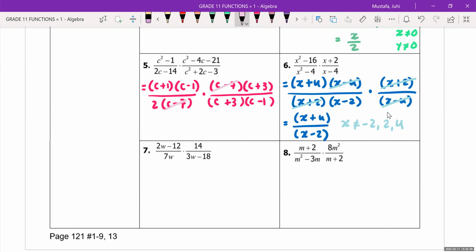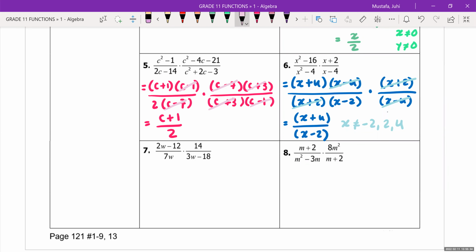Those are in 2 different rationals. Then I have a c plus 3 and c plus 3 in the same rational expression. And then I have a c minus 1 and a c minus 1 in 2 different places. As long as there's a multiplication sign, this is allowed. So we're going to be left with just c plus 1 over 2 as our answer.